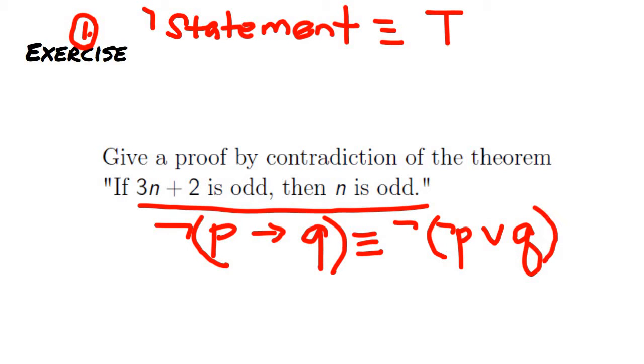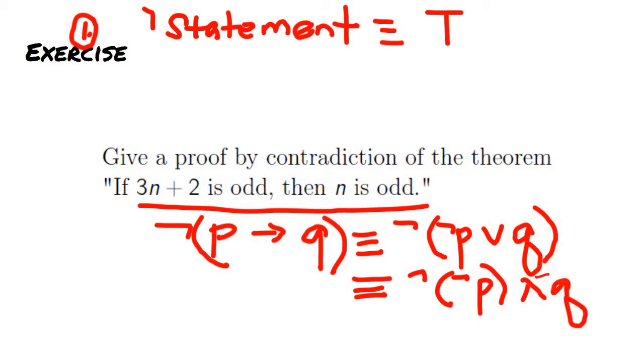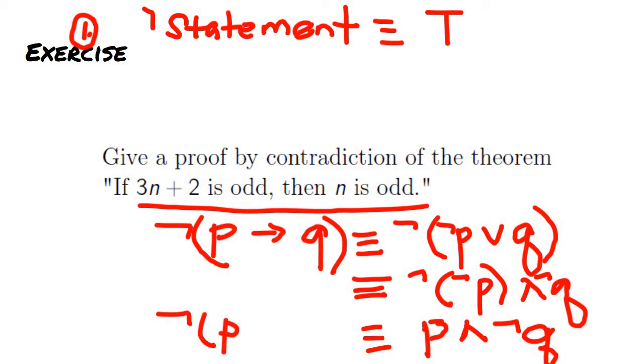By De Morgan's, this will be not of not P and not of Q. Using double negation, the whole thing is P and not of Q. Therefore, the negation of your implication is equal to P and not Q.